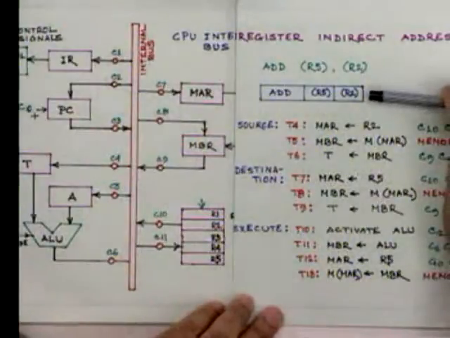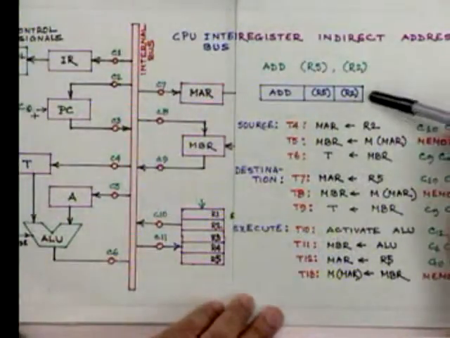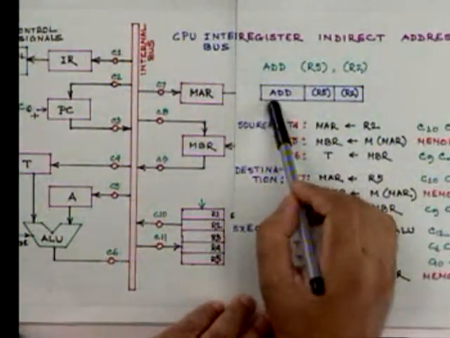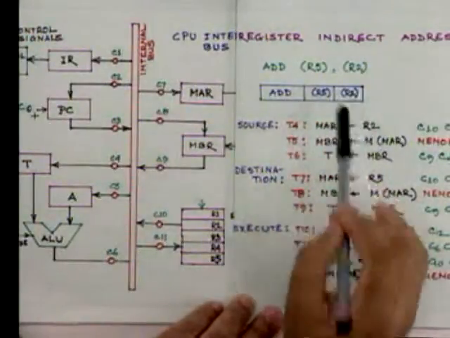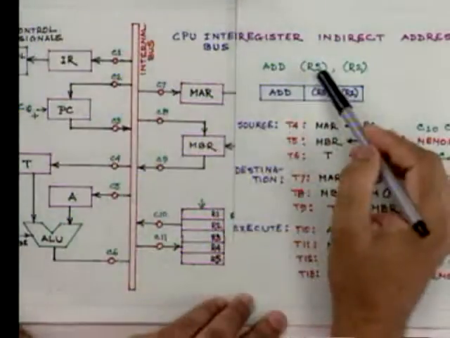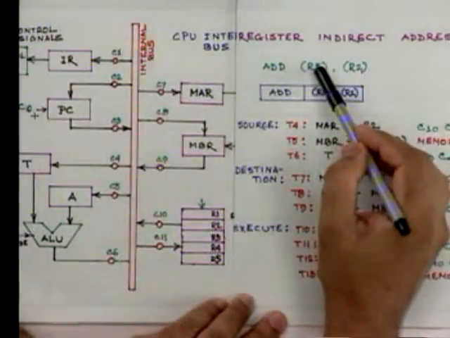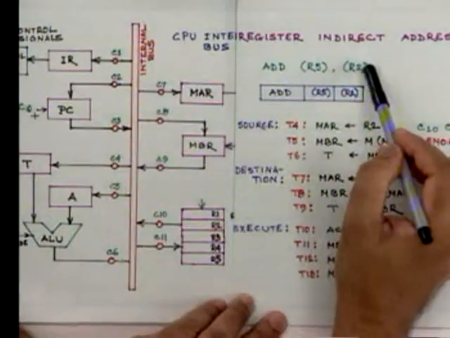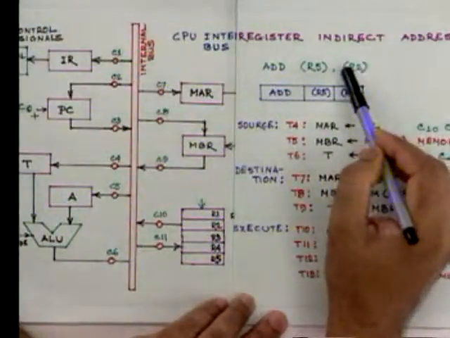The instruction word is this, add R5 and R2 in assembly language. Now, the first thing for executing this instruction is the instruction fetch.